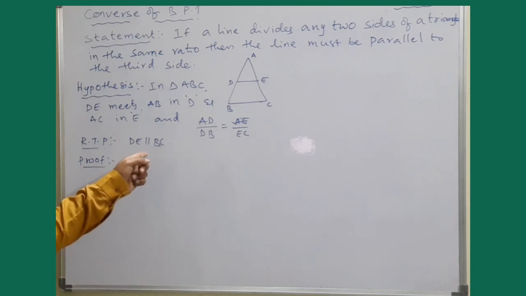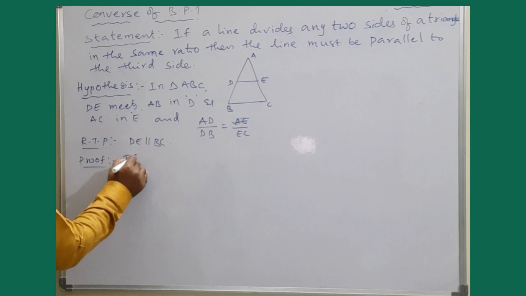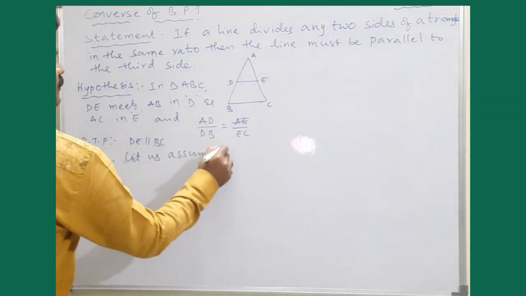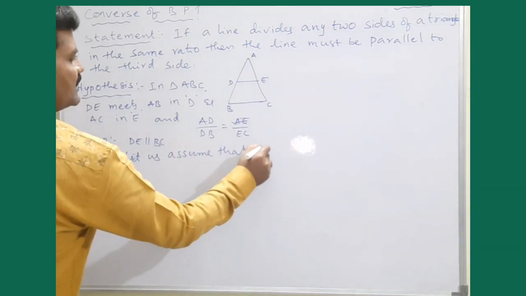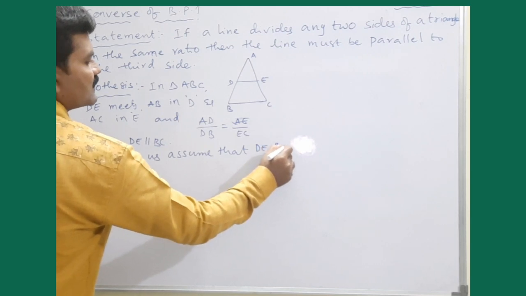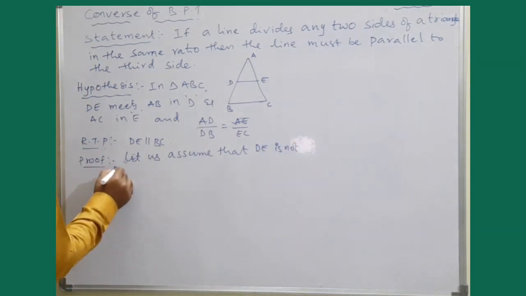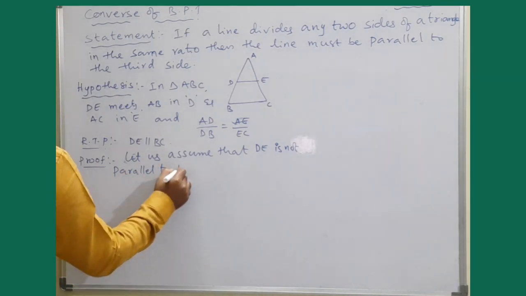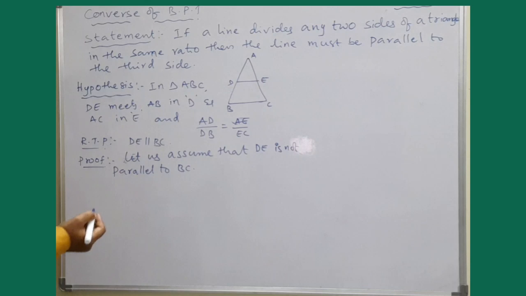Instead of proving that it is parallel, try to prove that it is not parallel. Let us assume that DE is not parallel to BC.